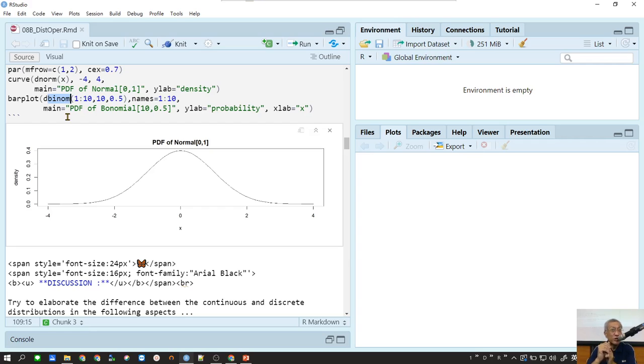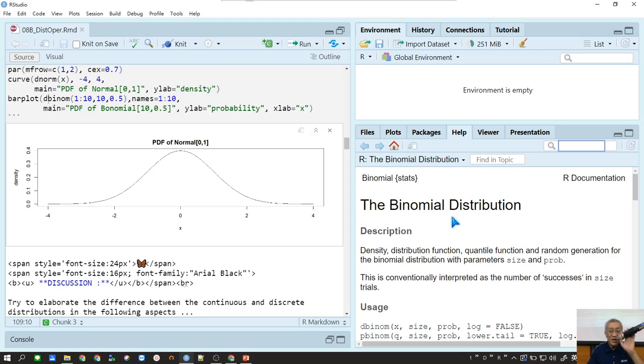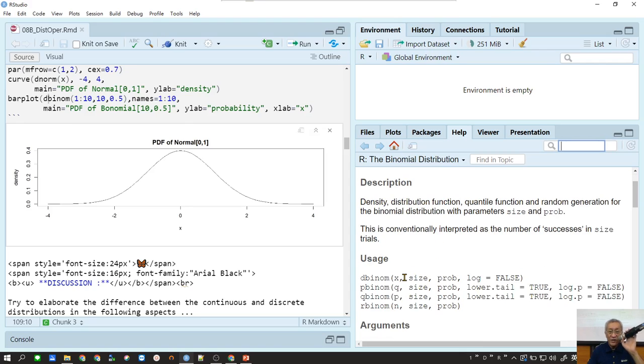Binomial is a discrete distribution, so you cannot draw a curve for it, because the binomial distribution only applies to integers, right? For binomial, as you can see, there are the number of trials and the probability of success, so there are two arguments.